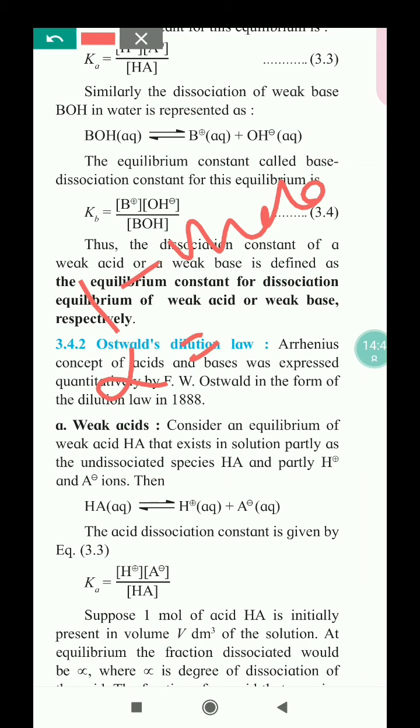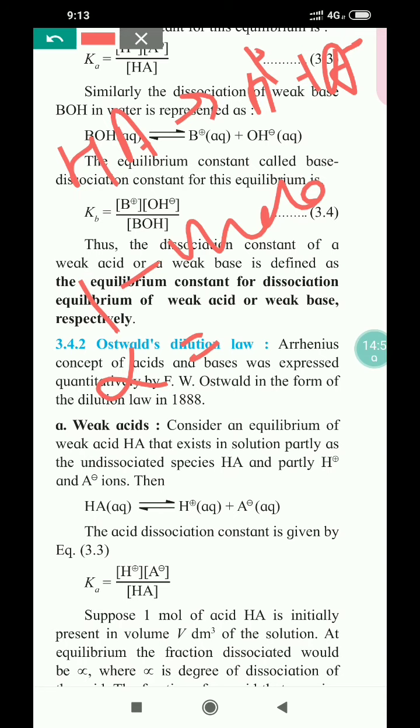So this acid HA gives you H positive plus A negative. As the degree of dissociation is alpha, alpha mole of H positive and alpha mole of A negative are formed.